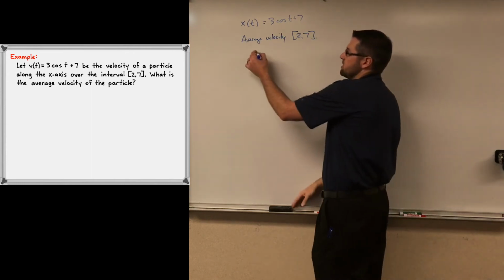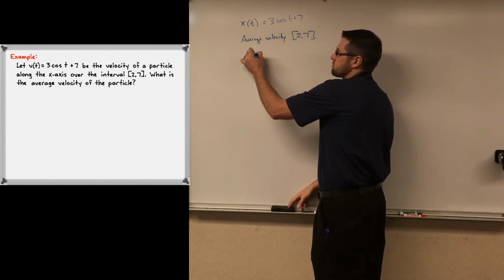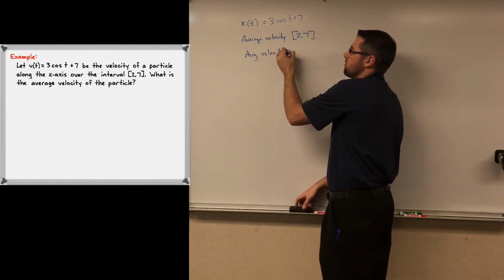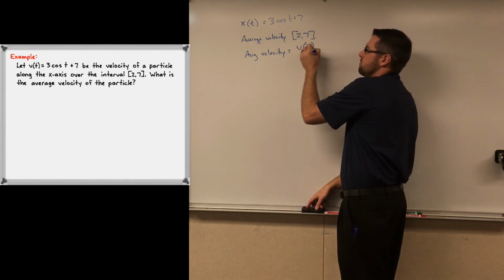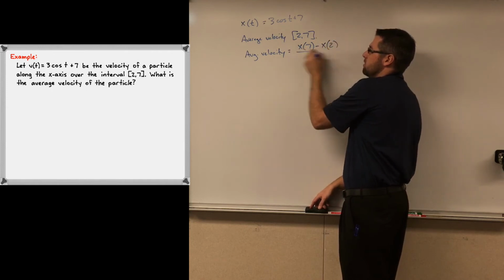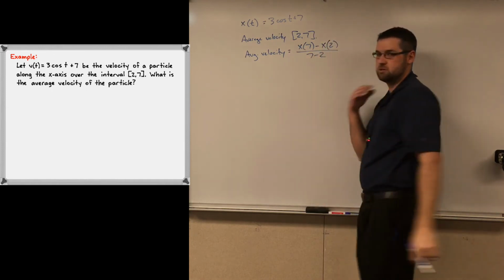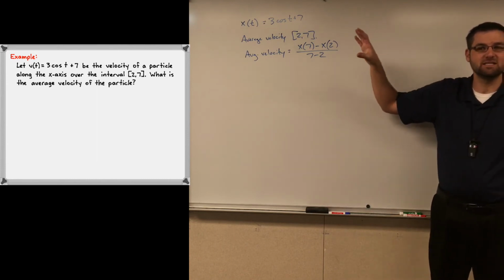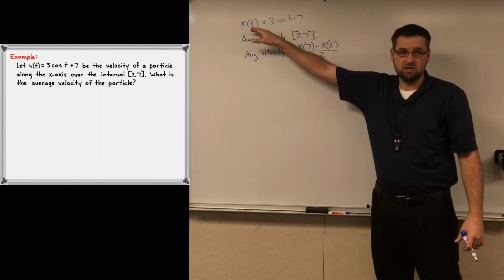So the average velocity here would be what? No, not v of 7. x of 7 minus x of 2 over 7 minus 2. Are you guys okay with that? But that's the approach because this is position.